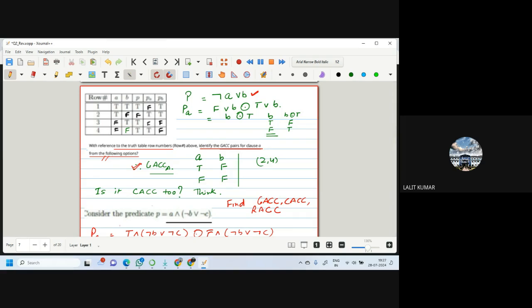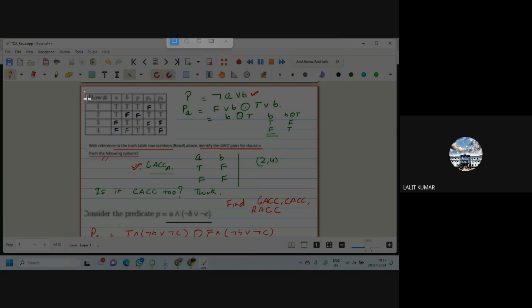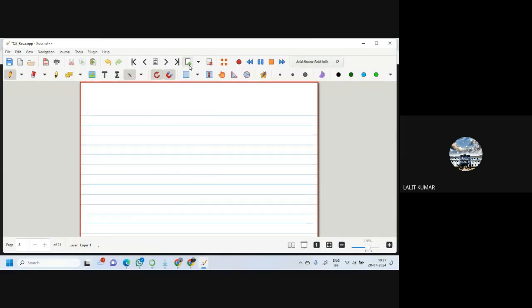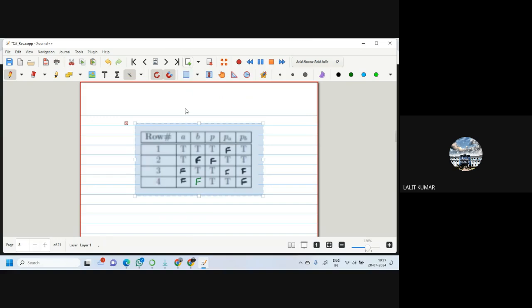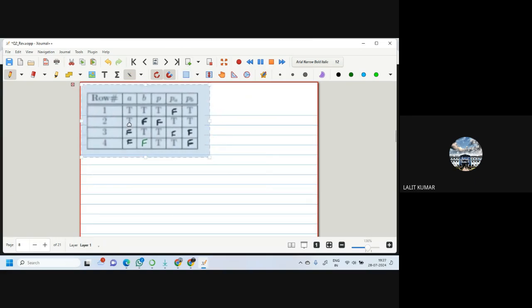In the meantime, I will just explain how I did it here, because I found that method slightly easier, and it is what I have been following. I took this table and tried to make out what P is. So A, B, P: true, true, true; true, false, false; false, true, true; false, false, true.